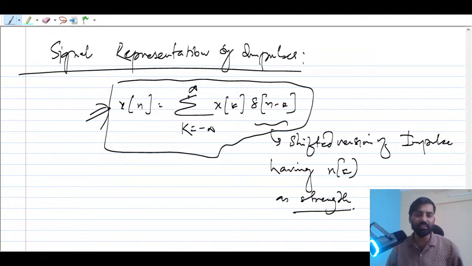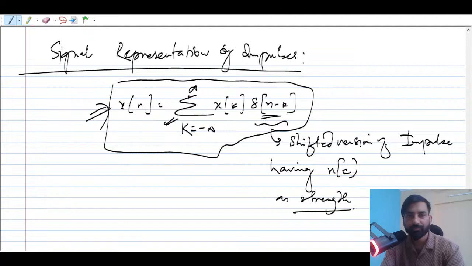Remember this statement: any discrete time signal x of n or sequence x of n may be expressed as the sum of shifted impulses. This summation is the sum, and these are shifted impulses, whose strength x of k corresponds to the signal value at n equal to k.